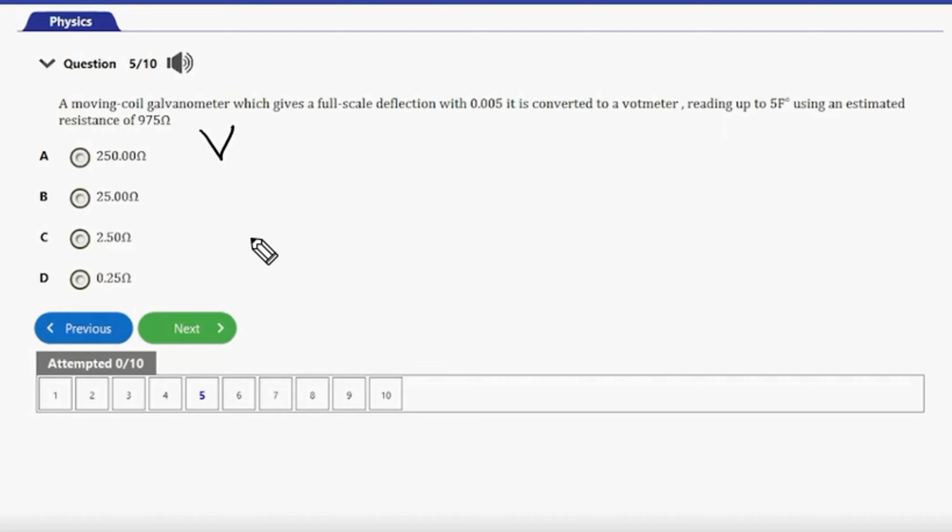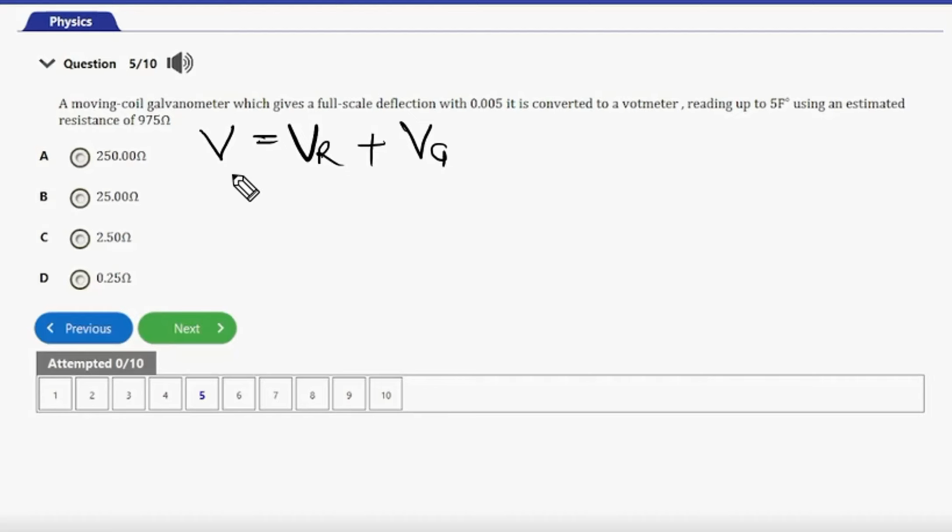So since it's in series, the voltage across this will be the sum of the individual voltages. So that's the voltage for R and the voltage for the galvanometer. Whereas the current will be the same across here.